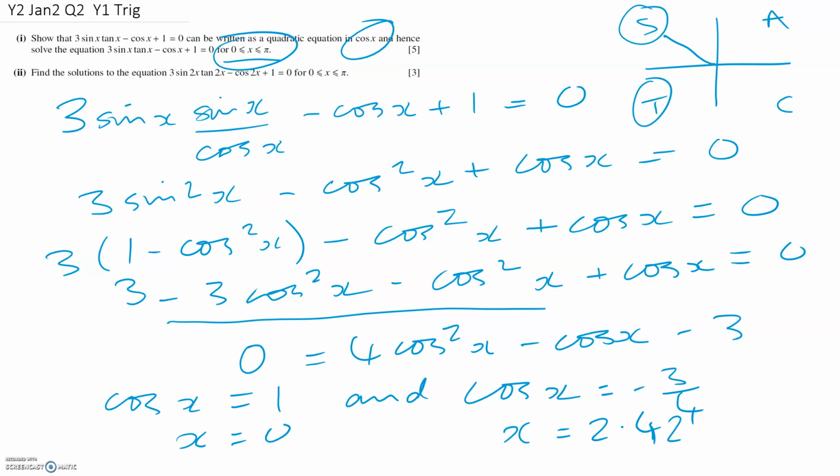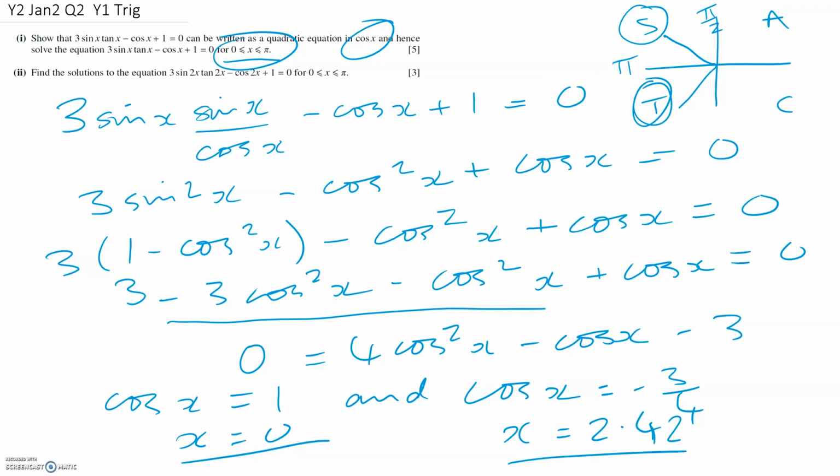Now this is pi over 2, this is pi. So the solution down here in this quadrant would be over pi. So the only solutions we want are 2.42 and 0.